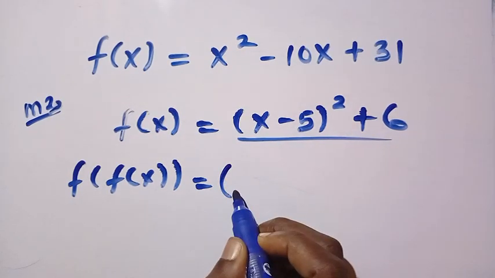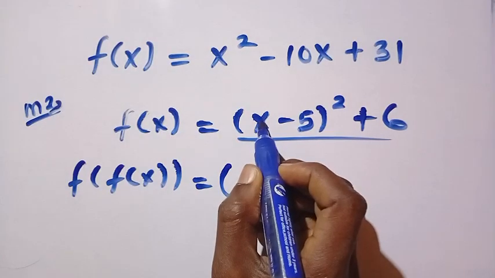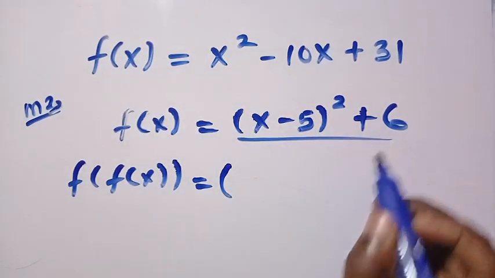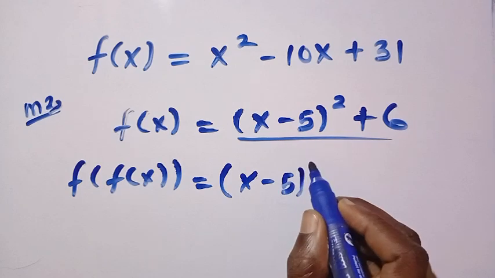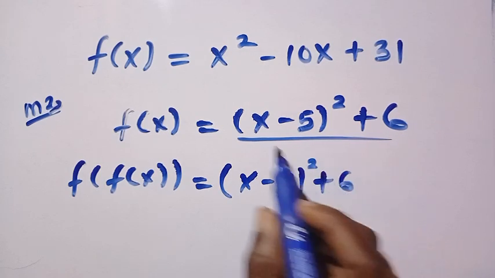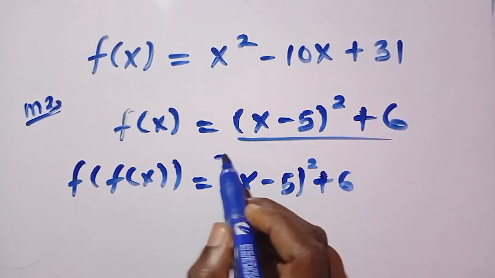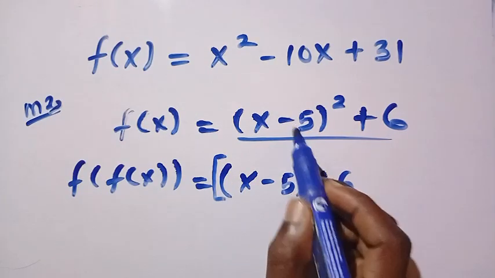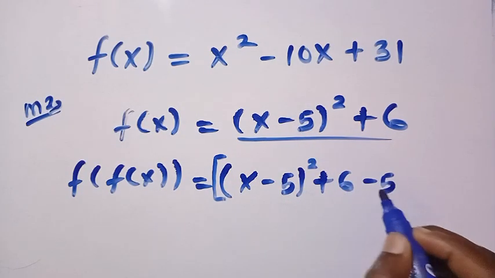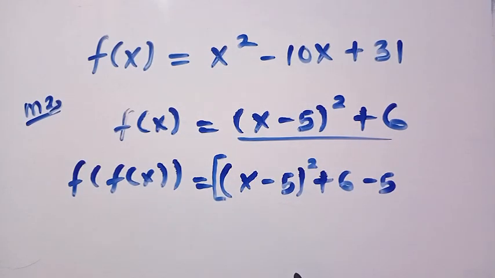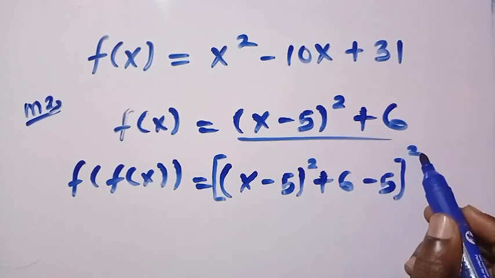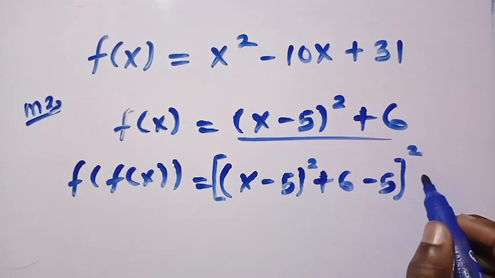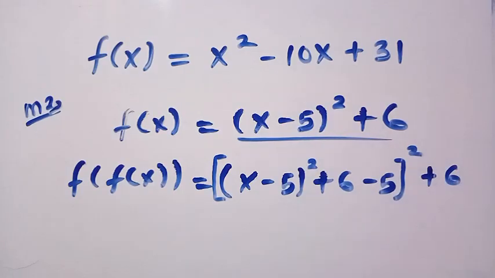Therefore, the x that we need here is now everything, which is x minus 5 raised to power of 2 plus 6. This is for only this x. Then everything in bracket minus 5, then all raised to power of 2 plus 6. So this is what we have.